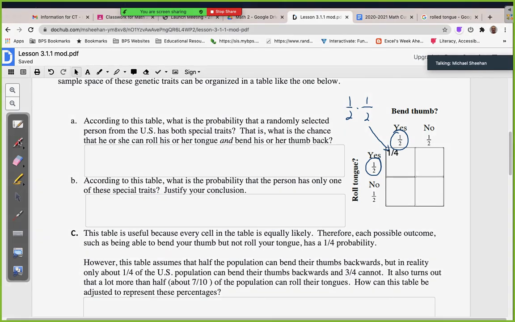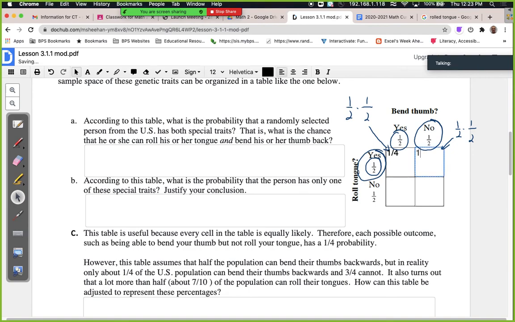All right. How many people cannot bend their thumb but can roll their tongue? It's going to be 1/2 times 1/2, or again 1/4 of all people that can roll their tongue but cannot bend their thumb.